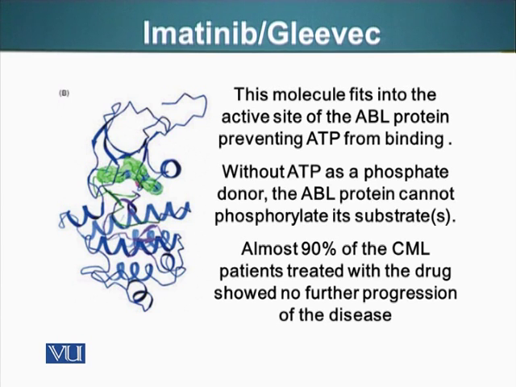So it is a beautiful example of how people came up with a simple drug which could fit in an enzyme that is stimulated by receptor tyrosine kinases and causes the cells to divide. This drug, imatinib, can cure 90% of these cancers. Traditionally, people used to think cancer is incurable, or if it is cured, it requires therapy which causes extreme discomfort to the patient. For example, radiotherapy is one of them.